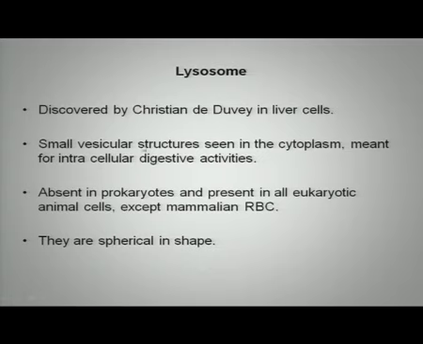It is a small vesicular structure seen in the cytoplasm, and it is meant for intracellular digestive activities. It is absent in prokaryotes and present in all the eukaryotic cells, animal cells, except in mammalian RBC.